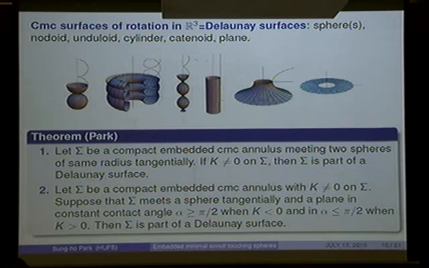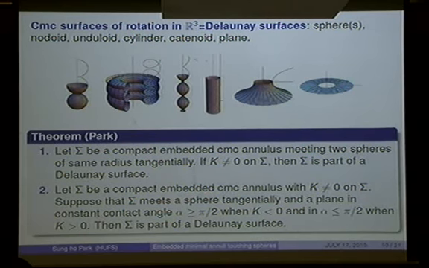And I proved it for the case of a sphere and a plane. In this case, if the Gaussian curvature is negative, then the contact angle is positive. And if the Gaussian curvature is positive, then the contact angle is smaller than or equal to pi over 2.